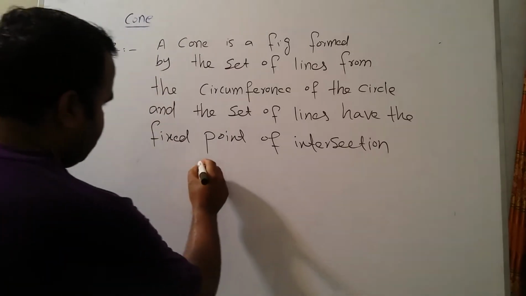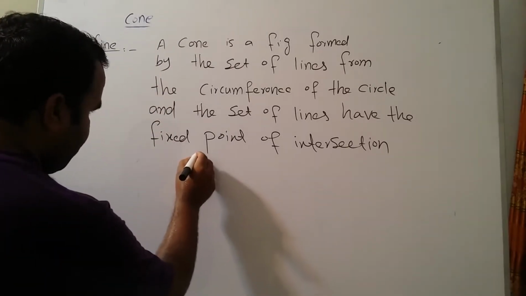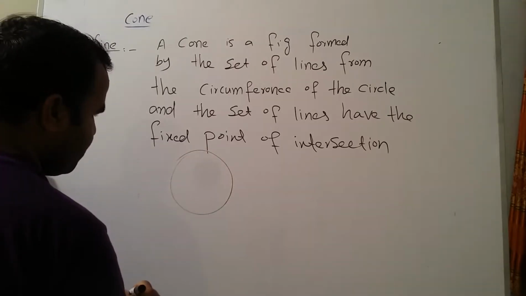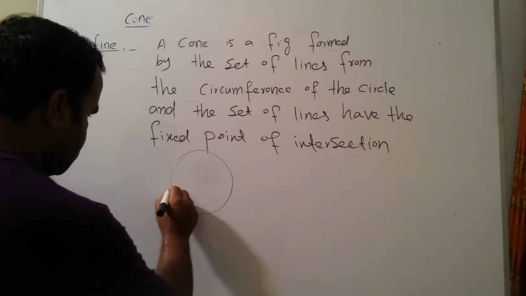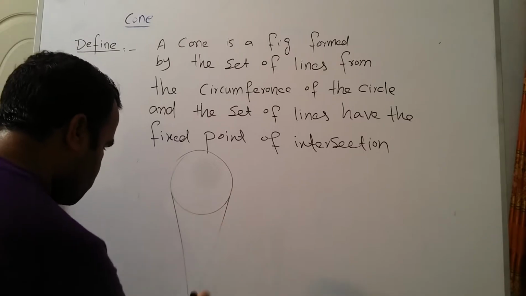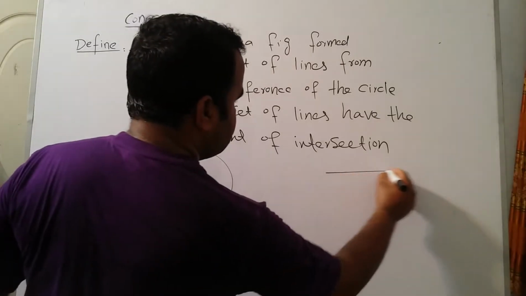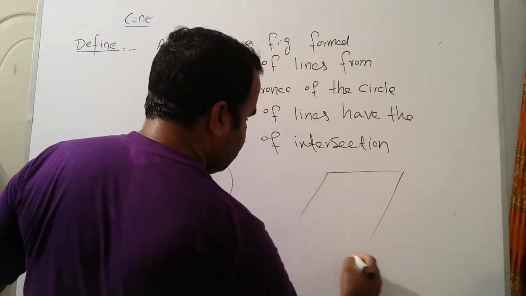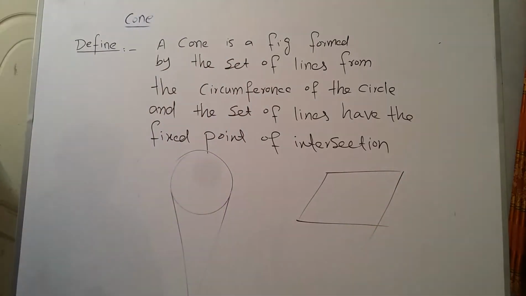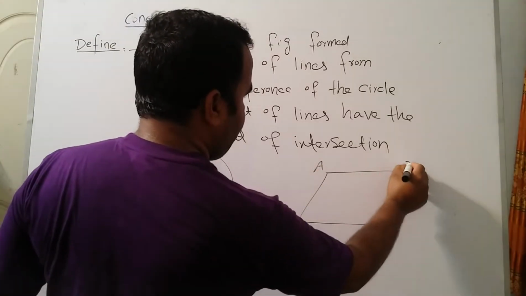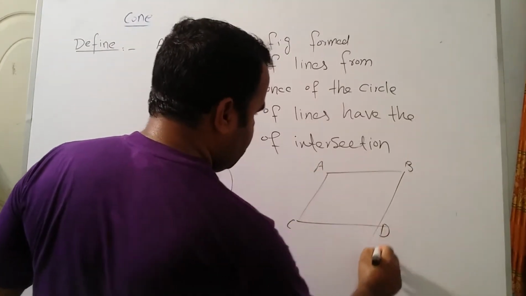Suppose we have a cone, just like this, and this is a plane, cone and plane. A B C D is a plane.